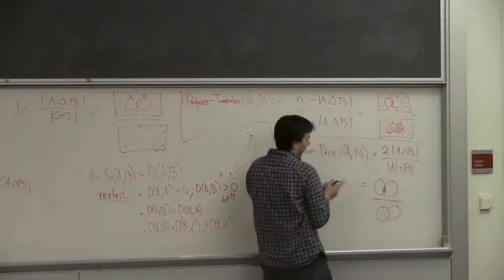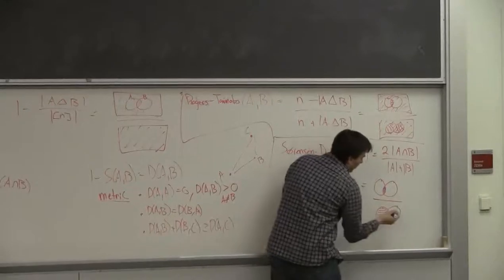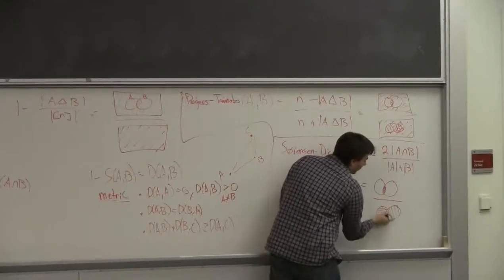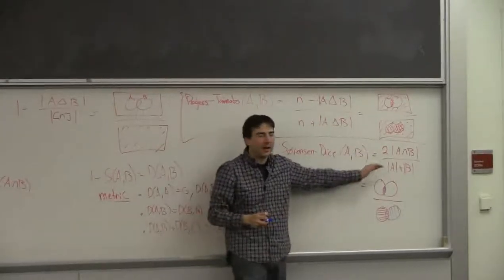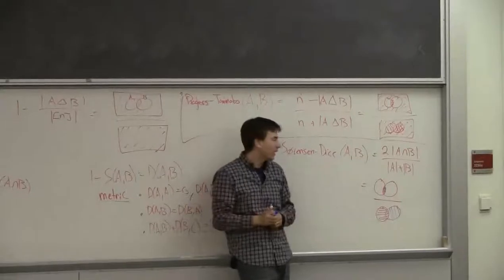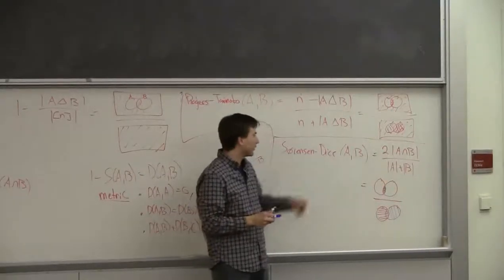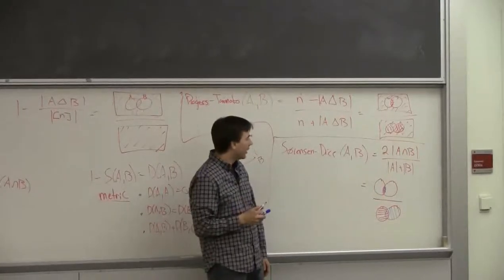And so it's going to be the size of A plus the size of B. So again, this has a nice property. It does not depend on n. I didn't need to draw this superset in order to deal with this. And so because of that, some people will use this similarity as well.